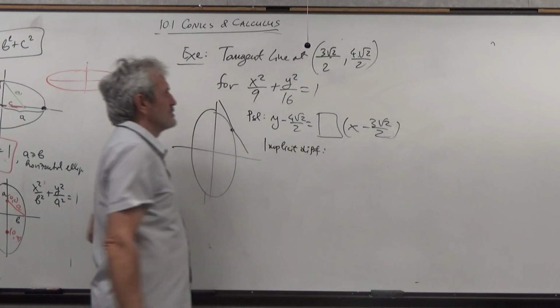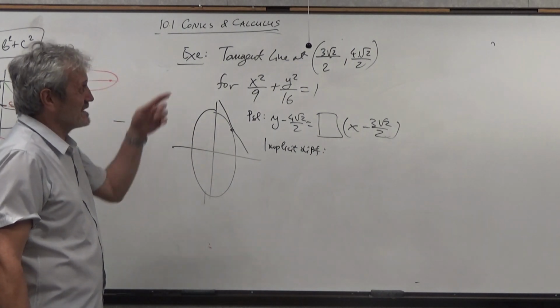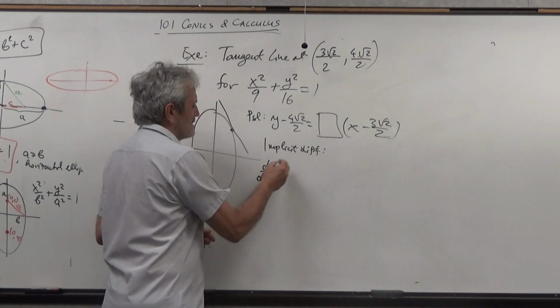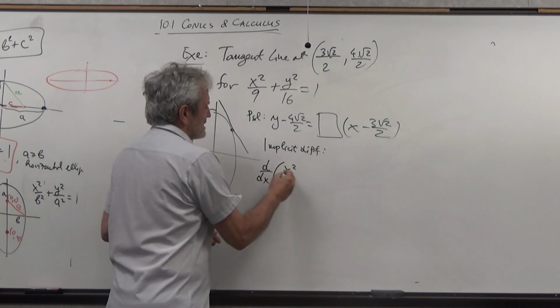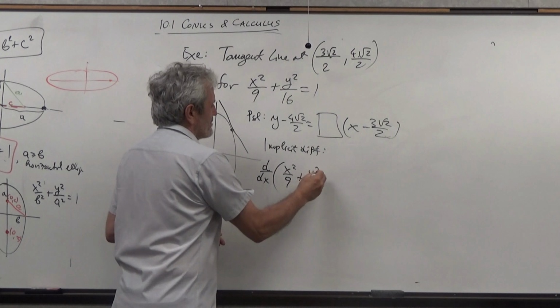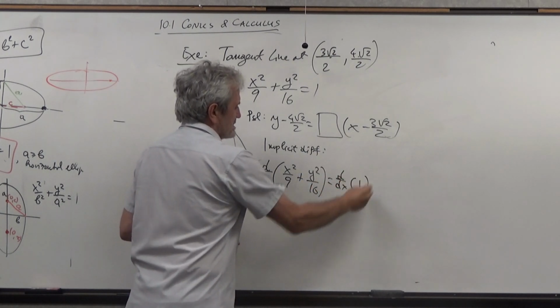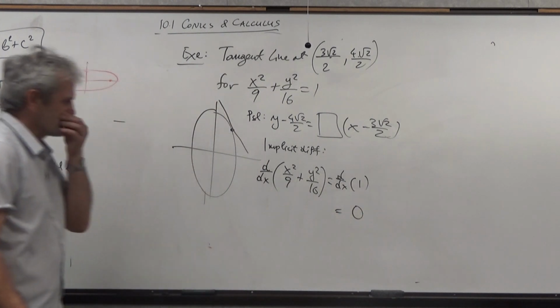Remember that from Calc 1? You differentiate keeping in mind that y is a function of x. Now I'll go over the notation because it's really helping us here. Equals the derivative of 1. Of course, the derivative of 1 is 0, it's a constant.